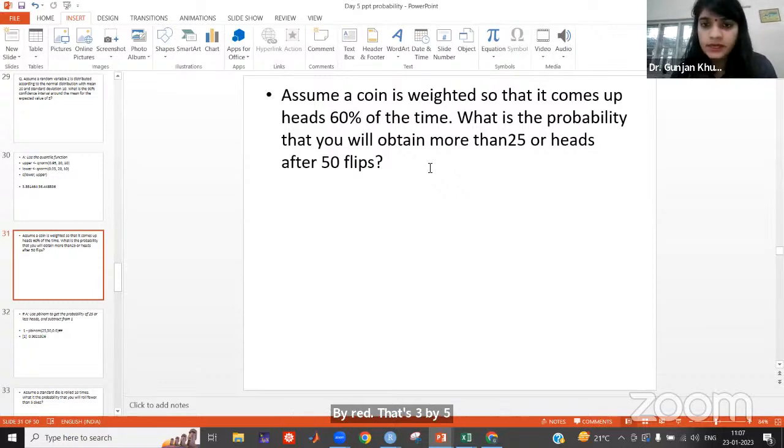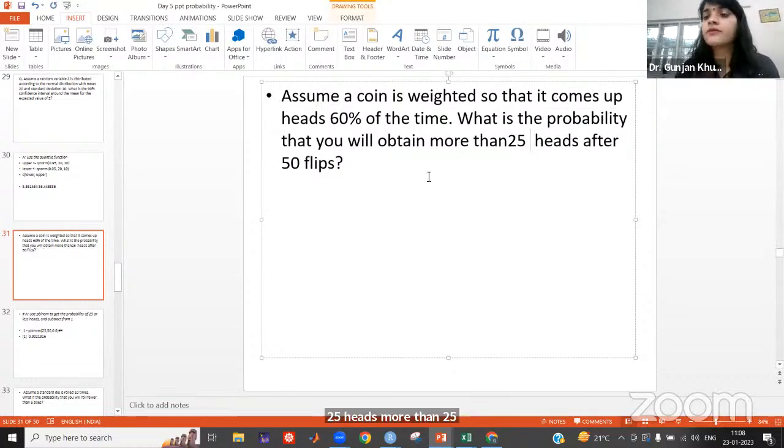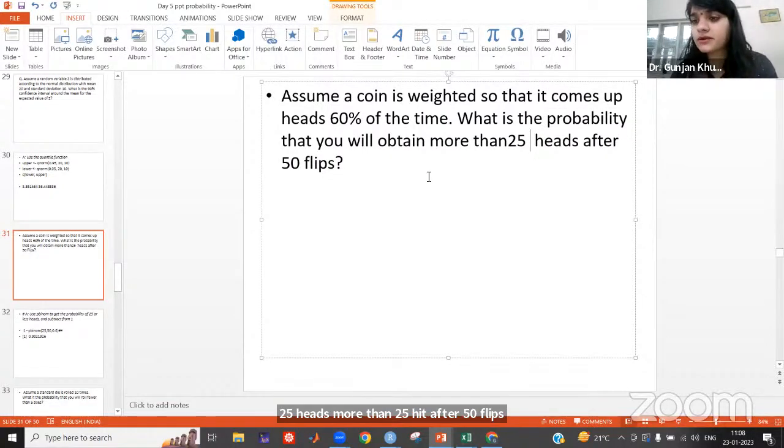What is the probability that you will obtain more than 25 heads after 50 flips? So more than 25 is probability X greater than 25. X is the number of heads. What functions will you use in this?